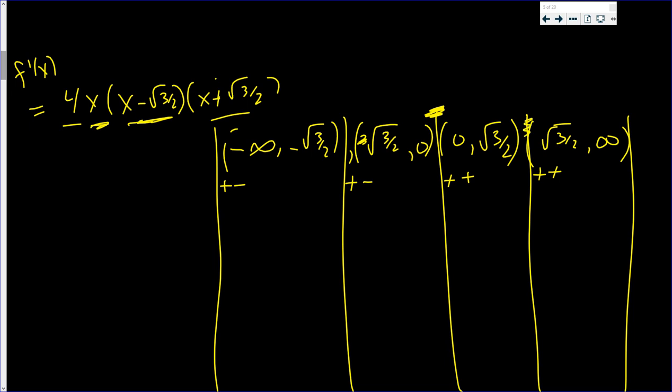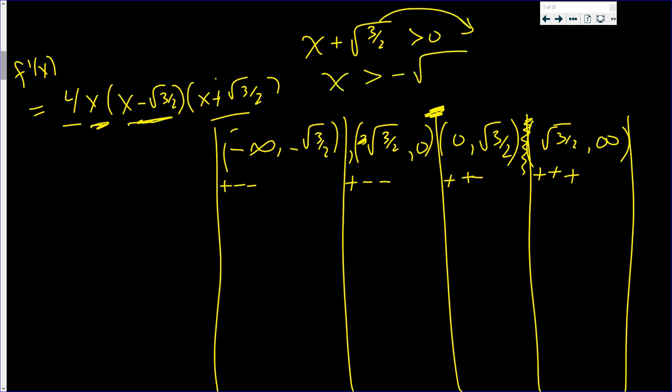But that only happens here. So it's positive there and negative elsewhere. When is x plus radical 3 over 2 bigger than 0? Bring that to the other side, and you'll learn that is when x is bigger than negative the radical of 3/2. Okay, it's to the right of that spot.